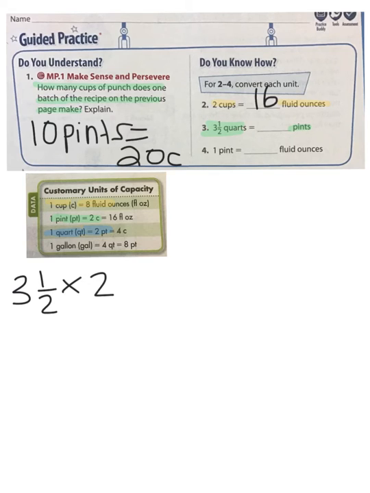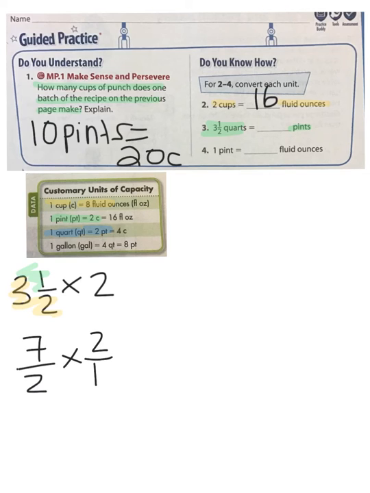So you can either multiply 2 times 3 plus 2 times 1/2, or you can change 3.5 into an improper fraction. And to do that, just like we practiced yesterday, you're going to multiply 3 times 2, and then you're going to add 1. So 3 times 2 is 6, plus 1 more is 7. So I'm going to change this to 7 over 2 times 2 over 1.